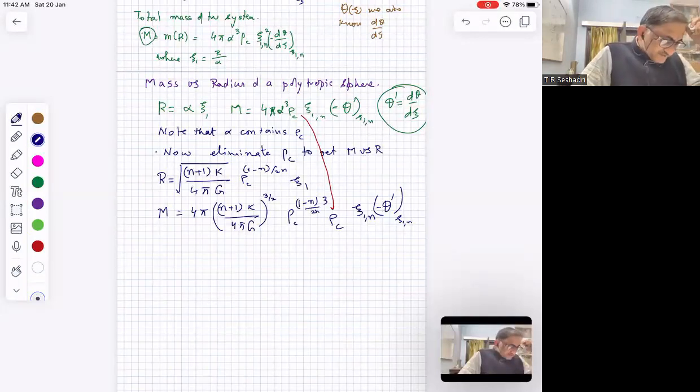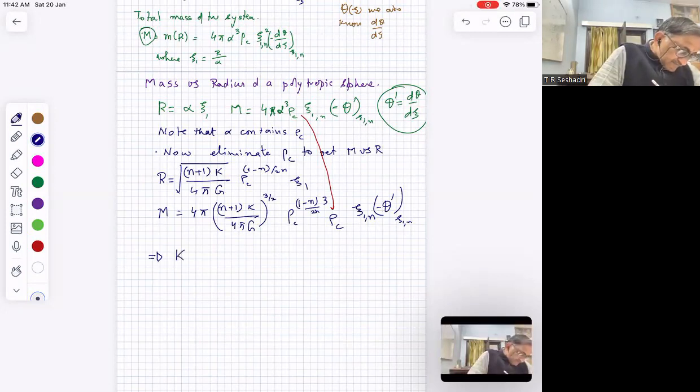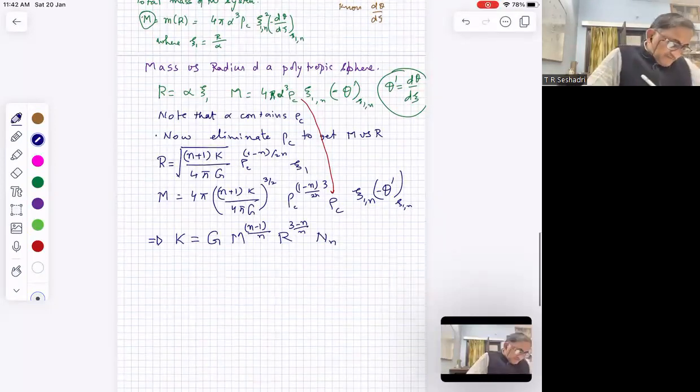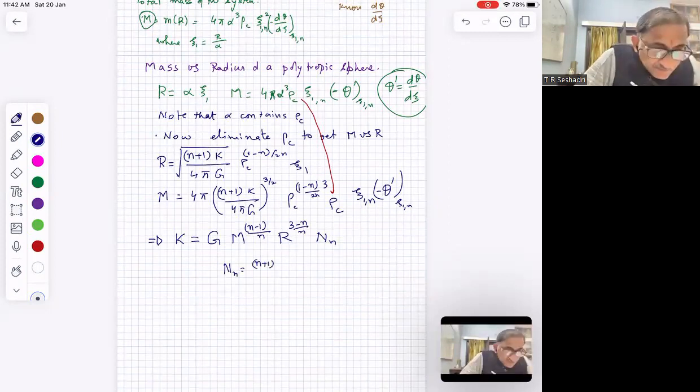Okay. And so I can eliminate rho c from both these equations, and what I will get is k will be equal to G M to the power n minus 1 by n, R to the power 3 minus n by n, into a quantity I called N_n, which, if I substitute everything, N_n will be equal to (n plus 1) and so on.